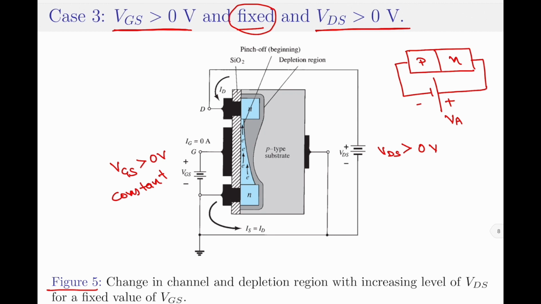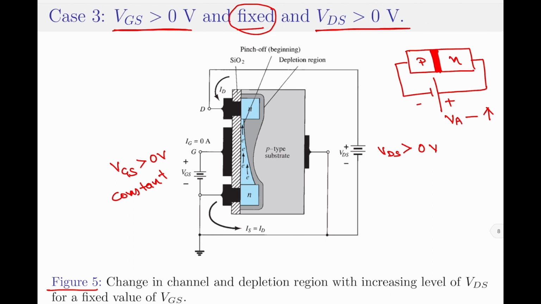Since we have applied a negative voltage across the PN junction, the width of the depletion region has now increased. If I now increase the value of the applied voltage, the width of the depletion region will once again increase. This is the effect of a reverse voltage applied across a PN junction.